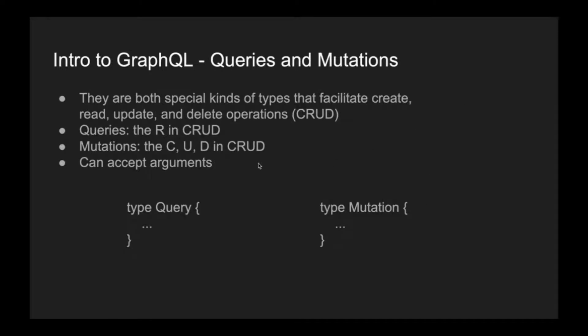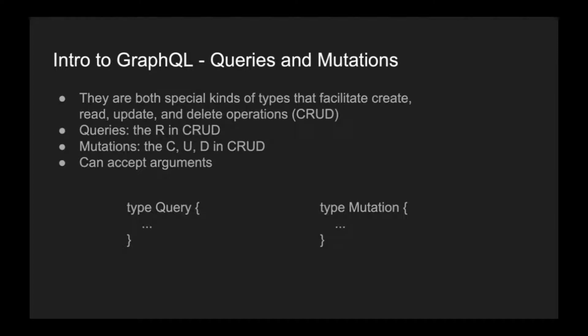And so the next thing I want to talk about in GraphQL are two special types of types, and they are called query and mutation. They are kind of like keywords in a sense, in that you can't really create any other types that have the same name as query or mutation.